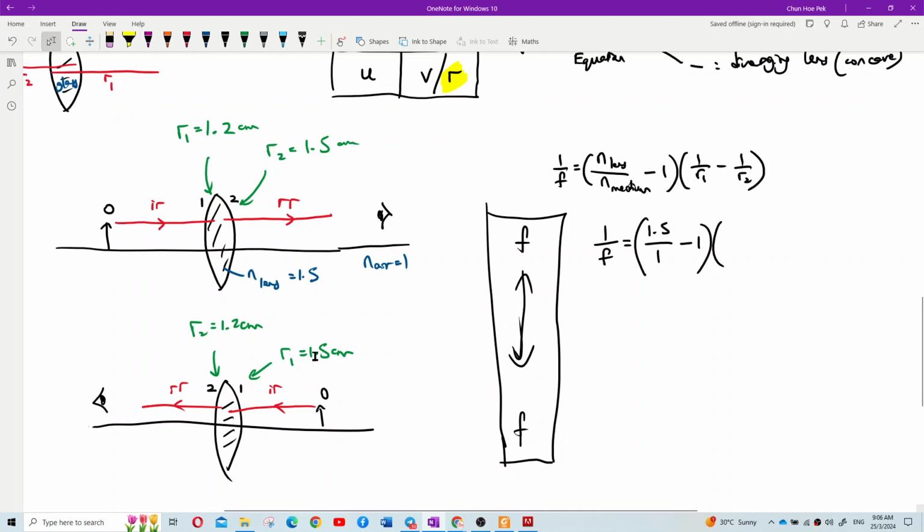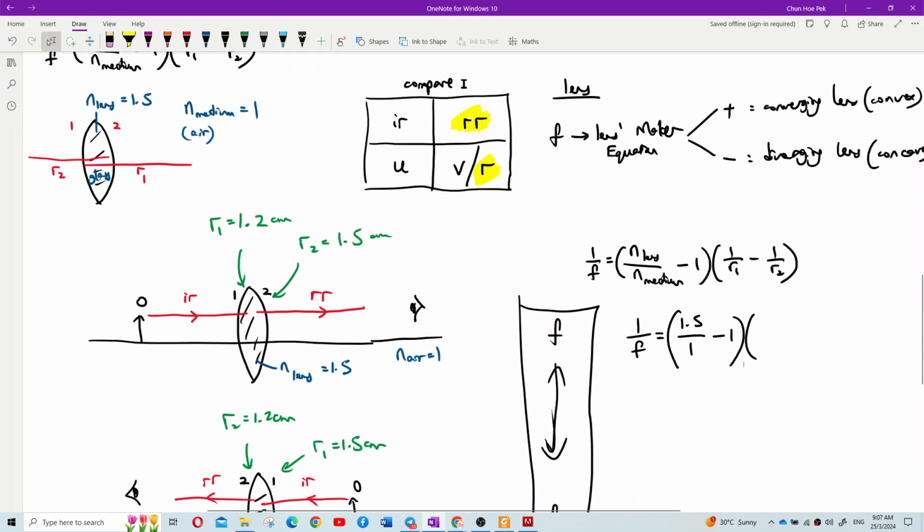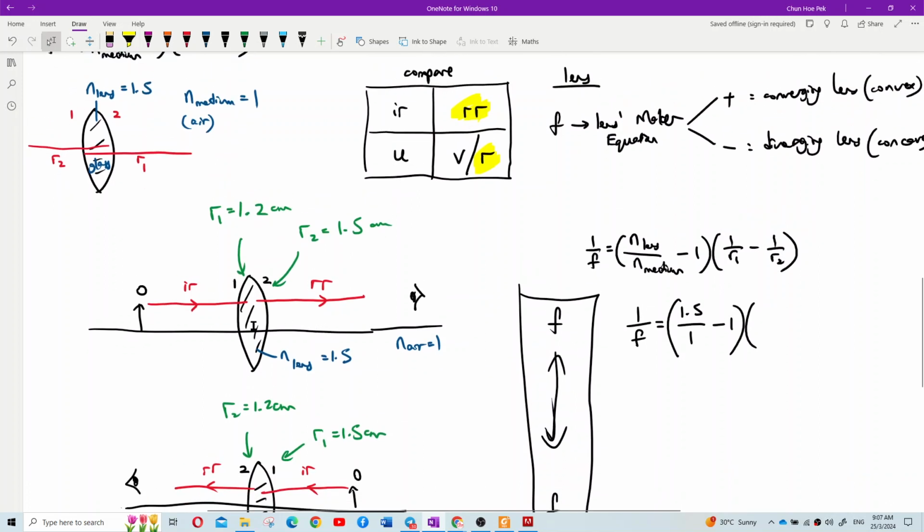Okay, so I put it here 1.5 minus 1, and then R1, okay, class. So as I said, you must compare the radius with the reflected ray. So let us first look at the first lens. Now I want to substitute the values of R1 and R2, but I cannot just put in positive values.